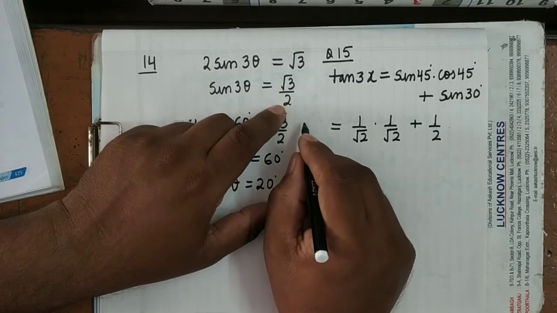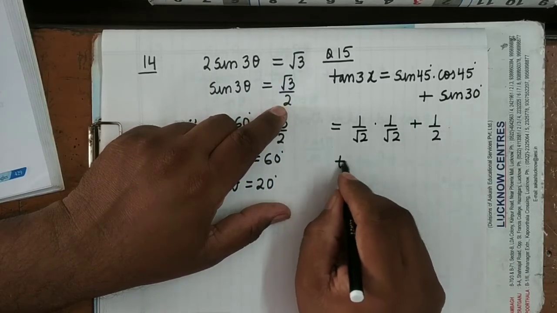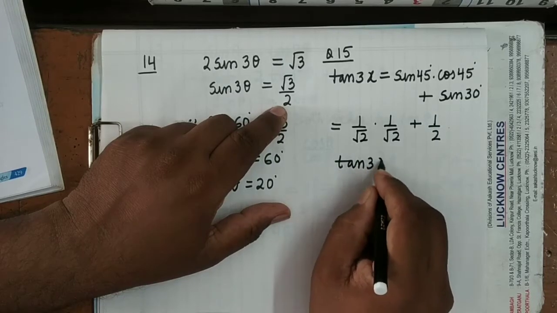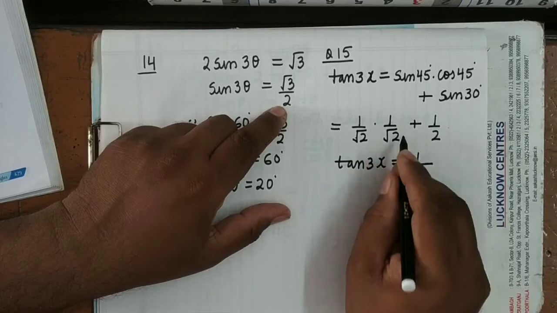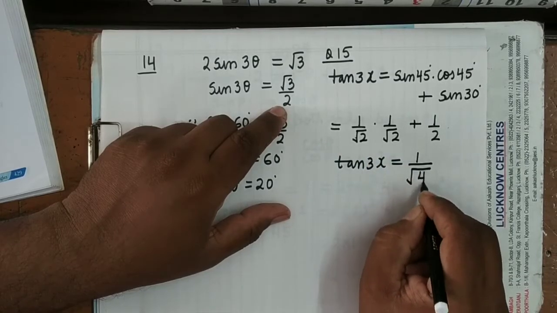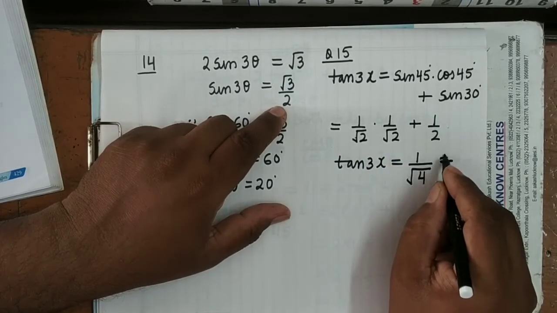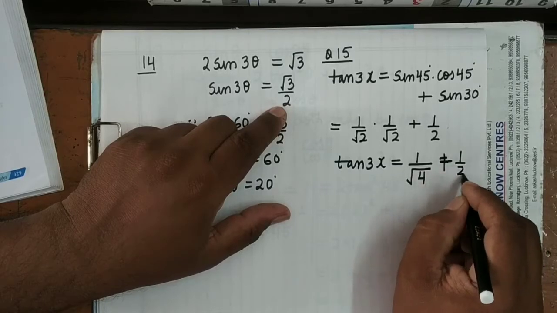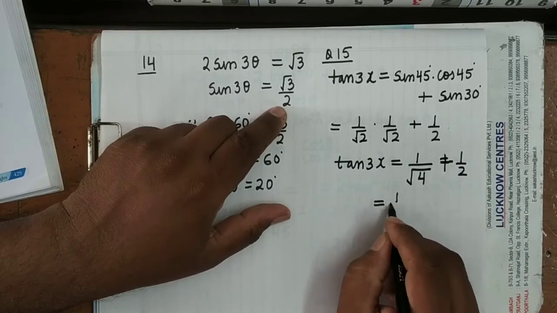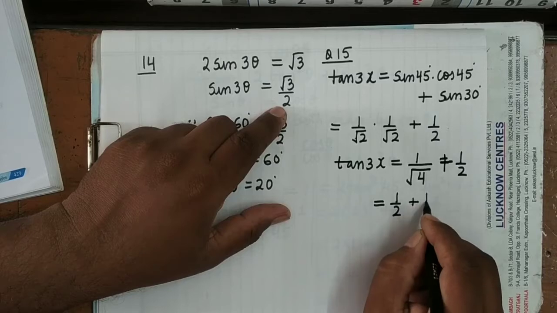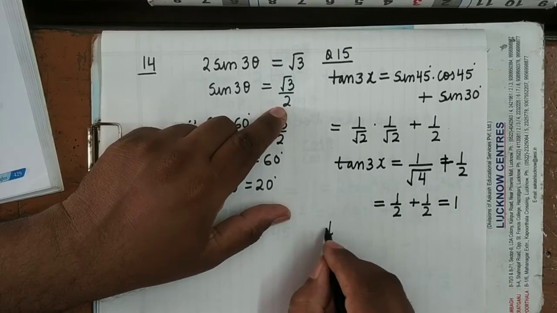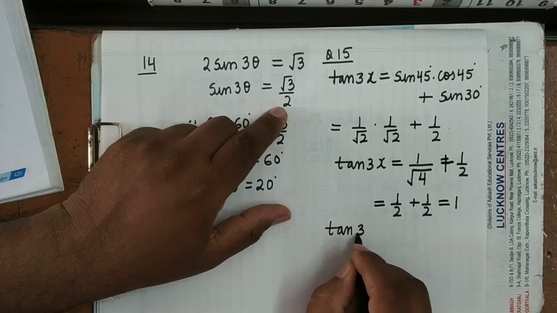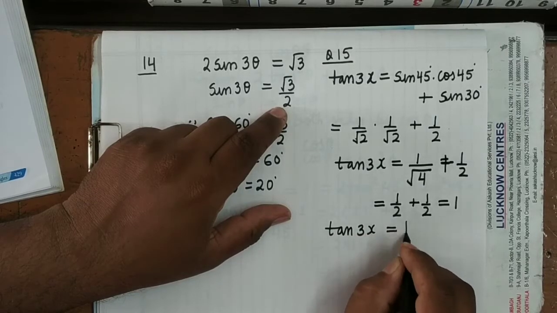So this is equal to tan 3x. So tan 3x equals, you can see, 1 into 1, 1. Root 2 into root 2, root 4. 2 2s are 4, plus 1 by 2. So when you further simplify, 1 upon 2 plus 1 upon 2 is equal to 1. So tan 3x equals 1.